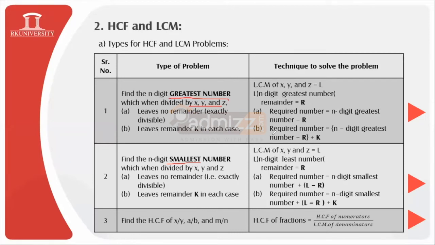The first step involved is common. This is the first step of type number 1, and you can find the same step involved over here. Only the type differs in this type A and B portion: the required number turns out to be the n digit smallest number plus the LCM value, that is divisor minus remainder.